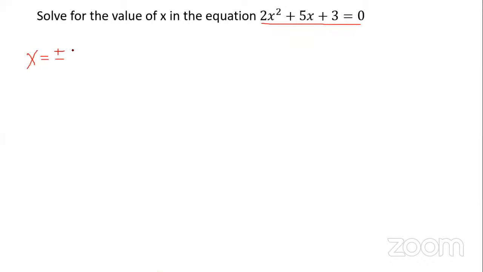Then b squared, square root, minus 4ac out of 2a. That's what I know.